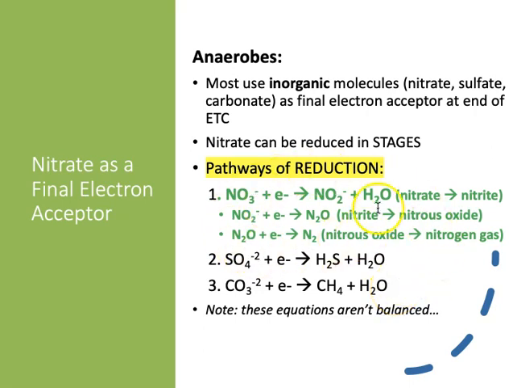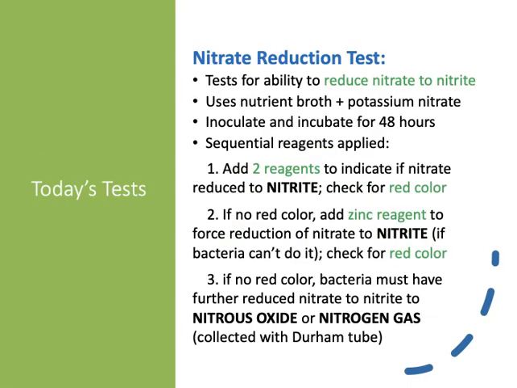But we're going to focus in on the pathways of nitrate reduction with this test. So, the nitrate reduction test is primarily testing for the ability of a microbe to reduce nitrate to nitrite. That's the first part of the test.